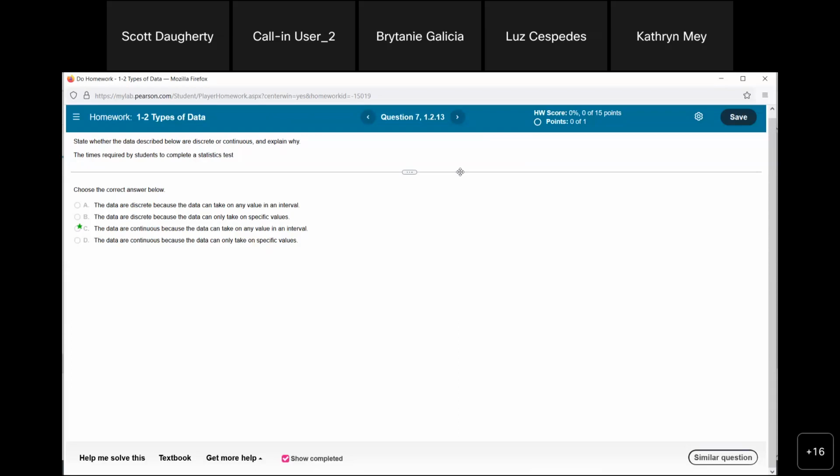Another example of this, sometimes it can be hard to tell the difference, but if you go to the gas tank and fill up your tank with gas, you might put in 13.2 gallons or 13.3 gallons. And so even though the gas tank shows it jumping by 0.1 gallons, technically it doesn't have to. The amount of liquid that you put into your gas tank doesn't jump by 0.1.